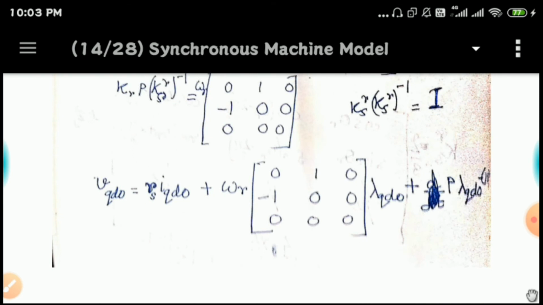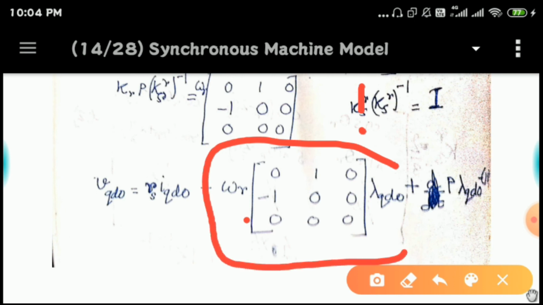So combining from vabc to vqd0, what we are getting here is RS, the diagonal matrix. So it is okay that we can write RS over here, and then you can see this omega r term. It has its contribution.